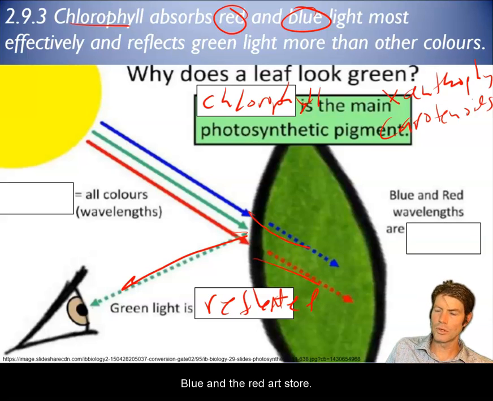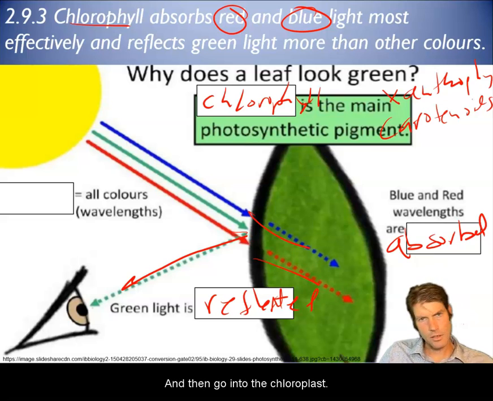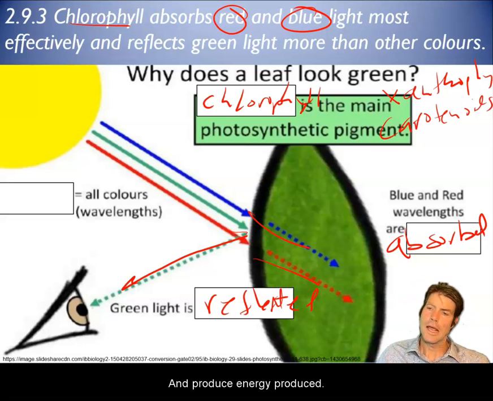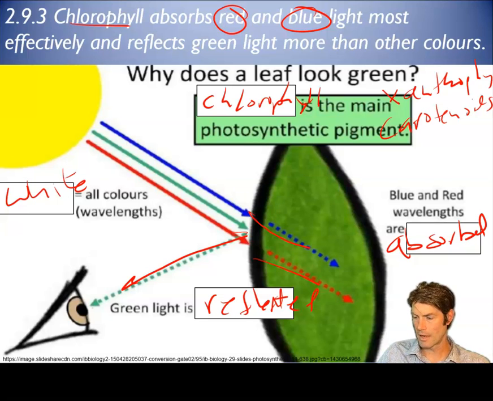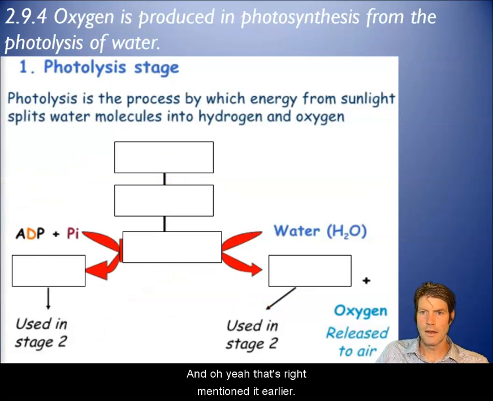You see the blue and the red are absorbed, and then go into the chloroplast and produce energy, produce sugar. White light is all wavelengths.